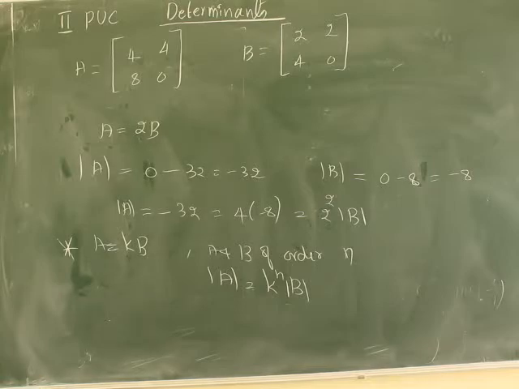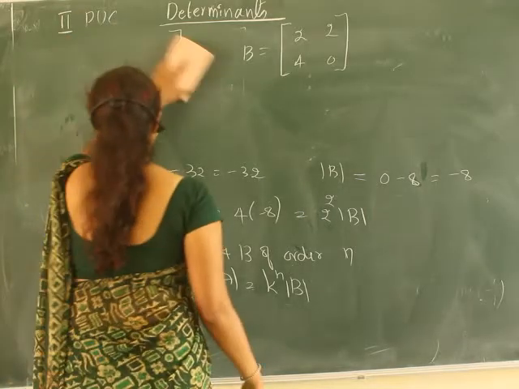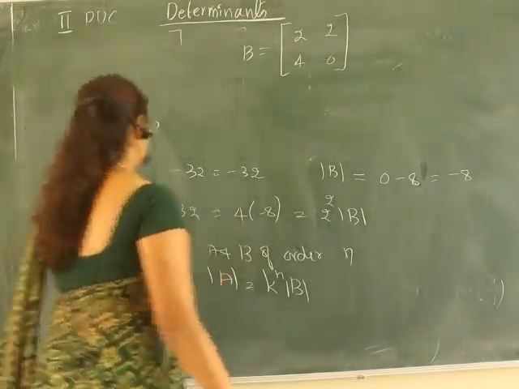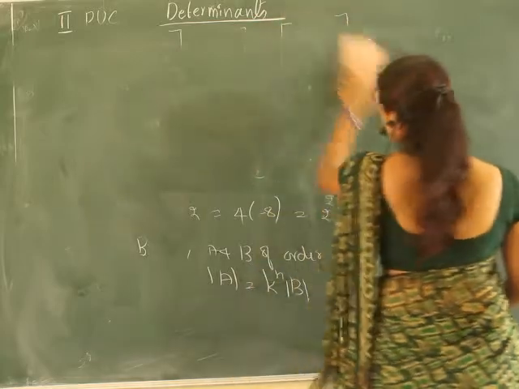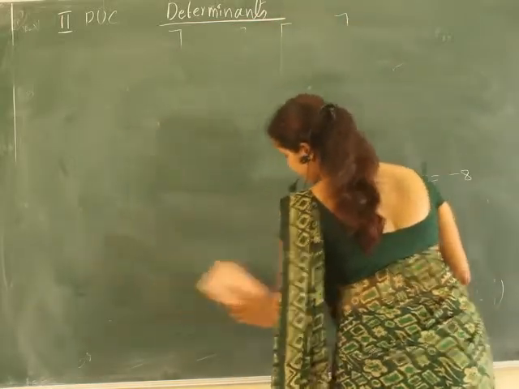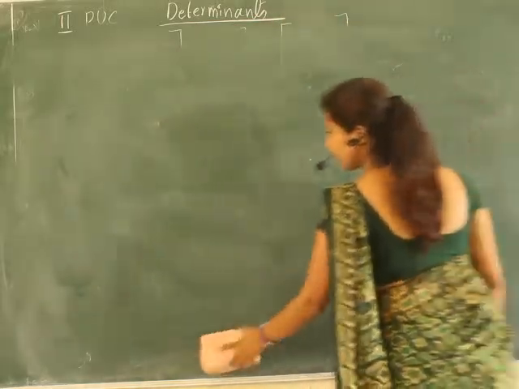So these are the main points of a determinant and how to find the determinant of a given matrix. Next, we'll solve some problems to find the determinant of a given matrix.